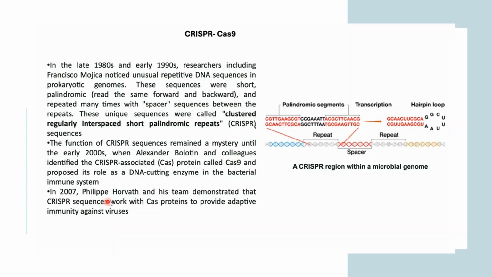In 2007, Philippe Horvath and his team demonstrated that these sequences work with Cas proteins to provide adaptive immunity against viruses. So when the CRISPR sequences and Cas9 protein work together, they provide immunity against viruses. That is how bacteria get immunity against viruses.